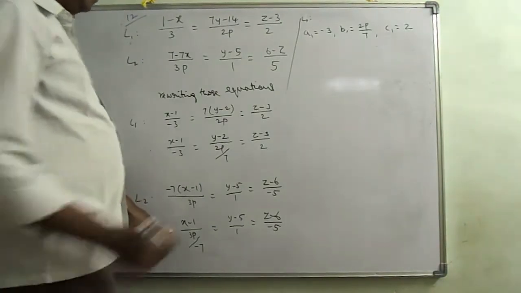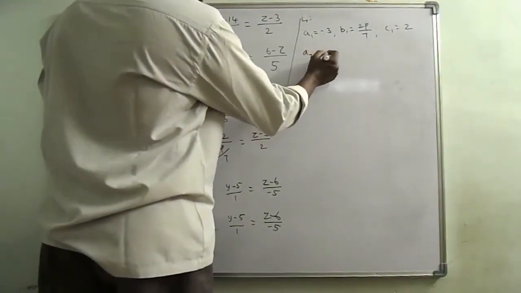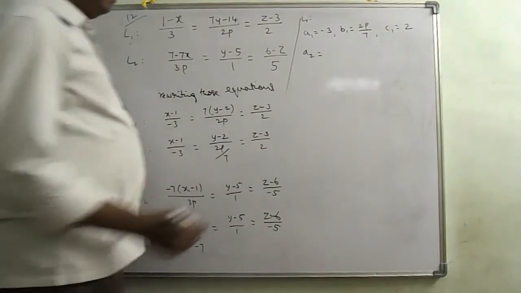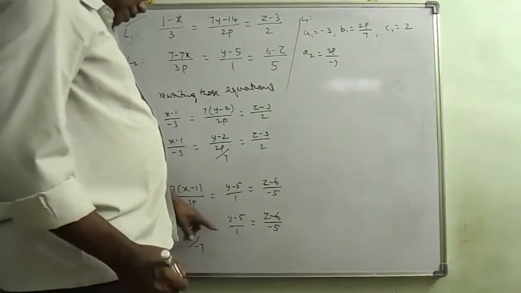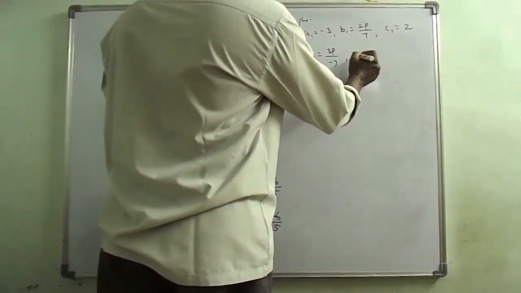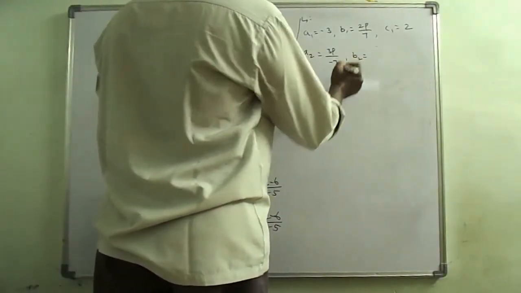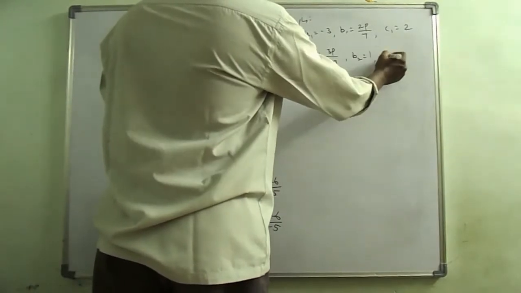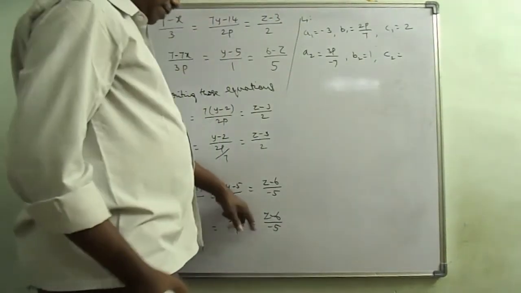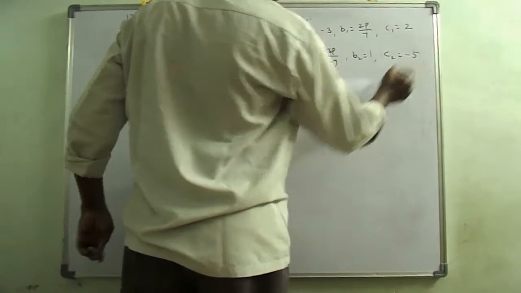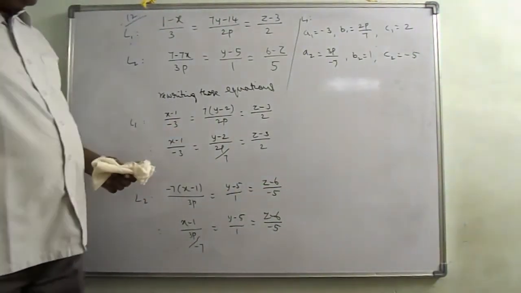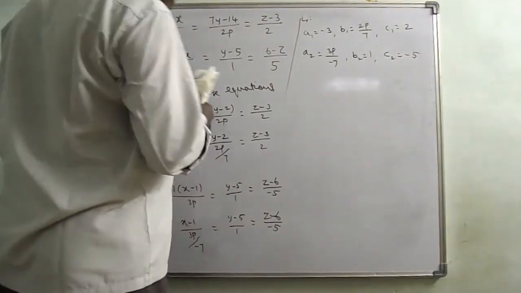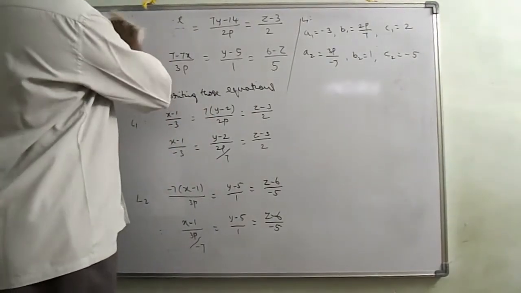From the second line, A2 equal to 3p by minus 7, B2 equal to 1, and C2 equal to minus 5. We know the condition for two lines to become perpendicular to each other.